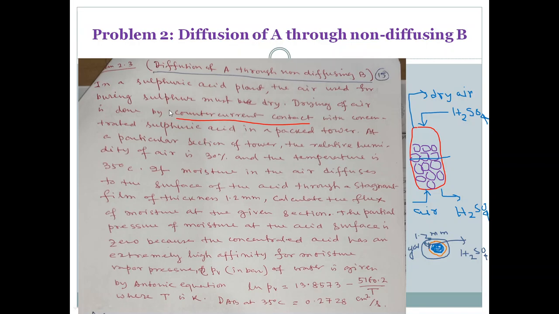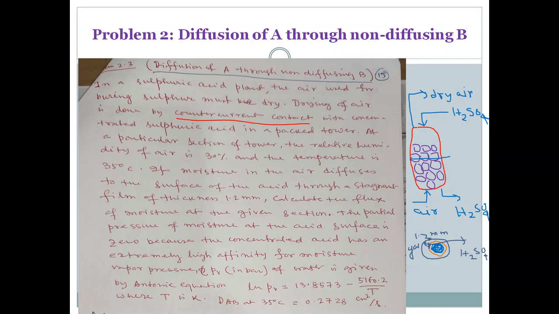So you should not confuse this with counter-current, which is from the macroscopic point of view. You have to consider what is happening at the gas-liquid interface, where two phases are present. Generally people make the mistake here. Even if the problem statement doesn't say diffusion of A through non-diffusing B, you should have a very clear idea so that you don't get confused.